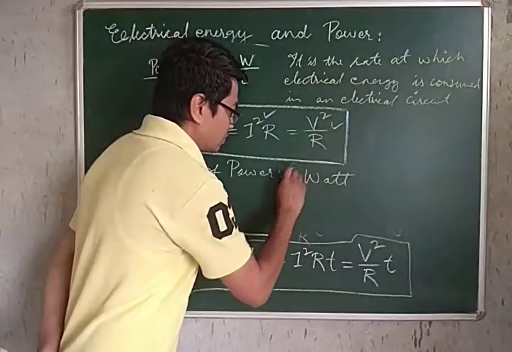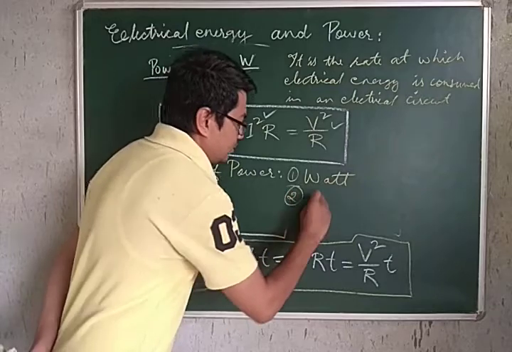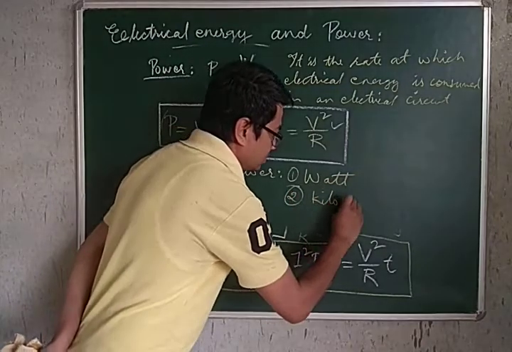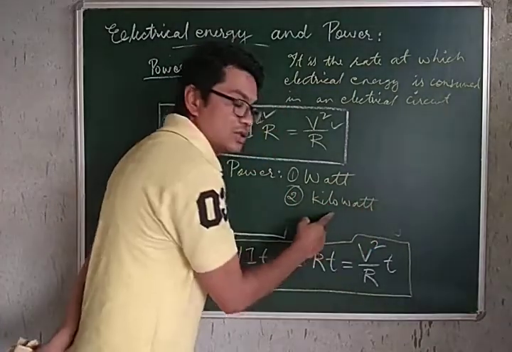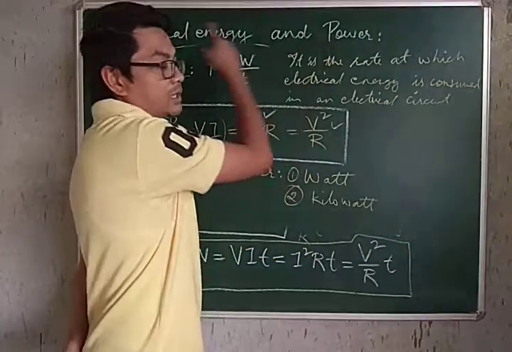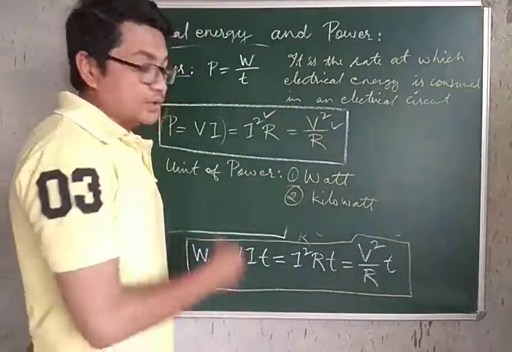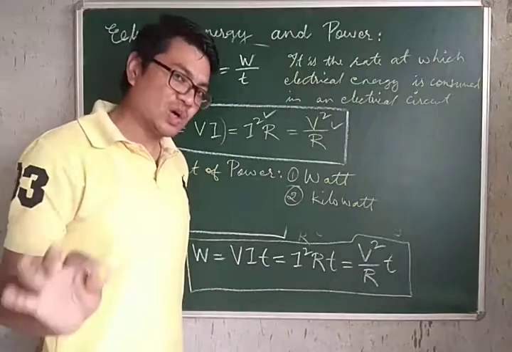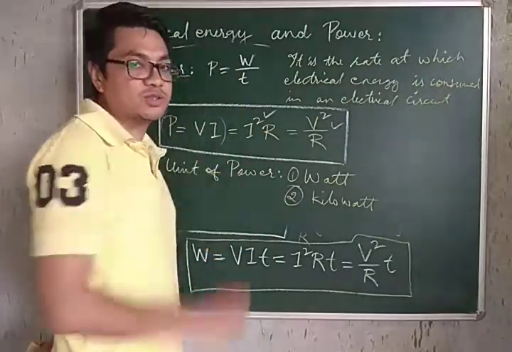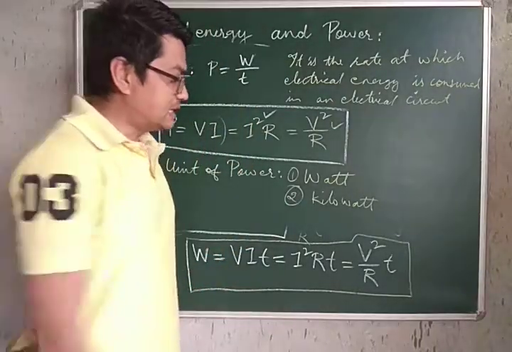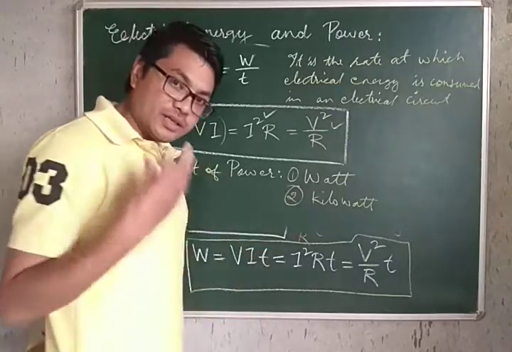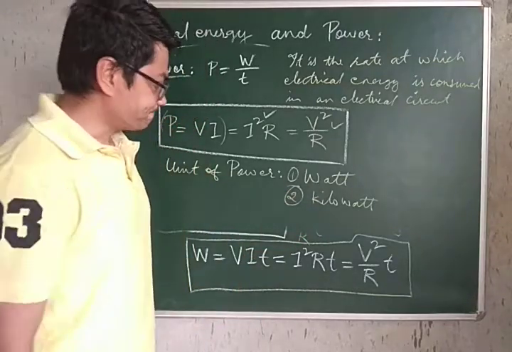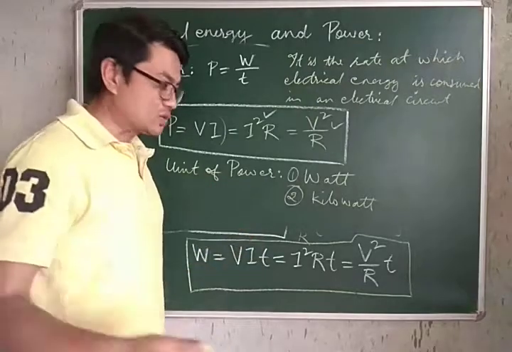Kilowatt, this is one. This is also sometimes used with regard to electrical power. Horsepower is not used in case of electrical power consumption. But of course power has other units also, do not forget.